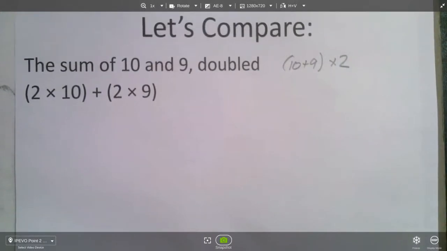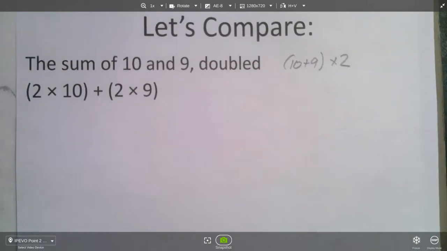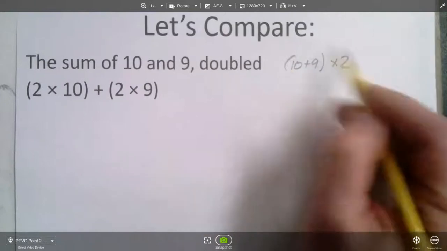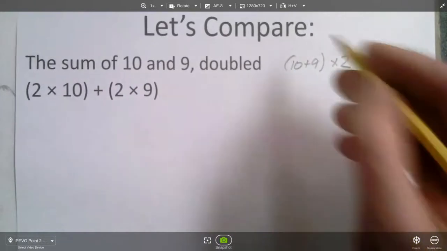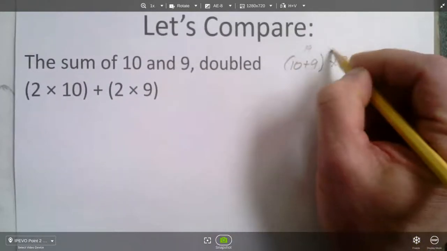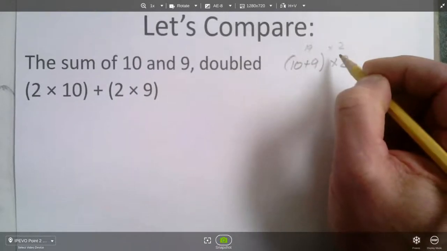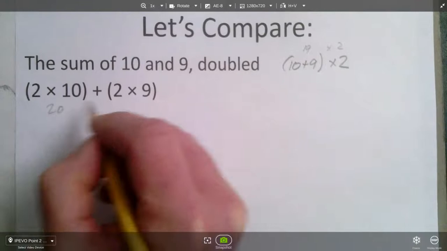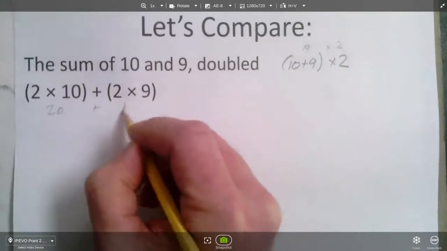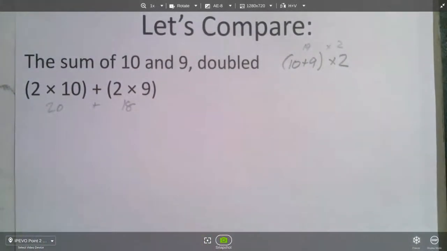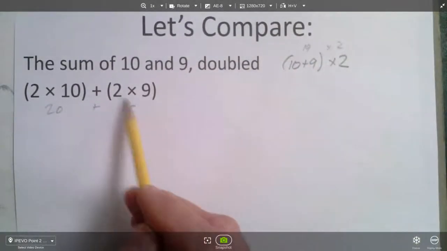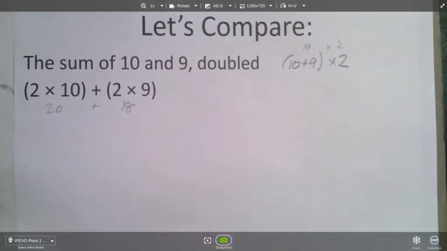It might help us, it might not, but we can also solve them. We can find the value of this expression to help us figure it out. So this is 19 times 2. And look, here I have 20 plus 18. So which is greater, 19 times 2 or 20 plus 18?